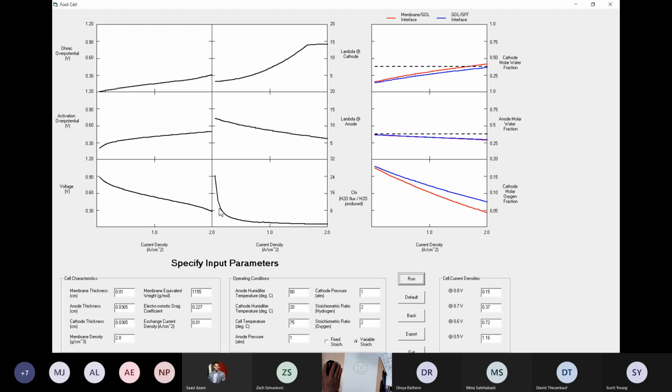Okay, so the first thing we're going to do is rerun this calculation with a fixed stoichiometry. So I click the fixed stoichiometry box, and what that means is at any current density, we have twice the hydrogen and twice the oxygen that we require to operate the fuel cell. Okay, so then you can see what happens to this chi.